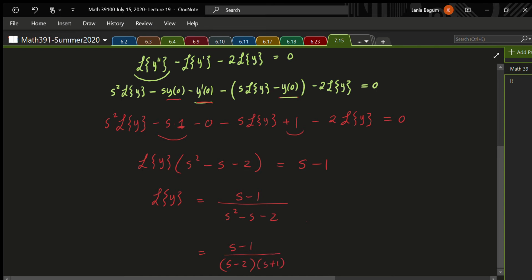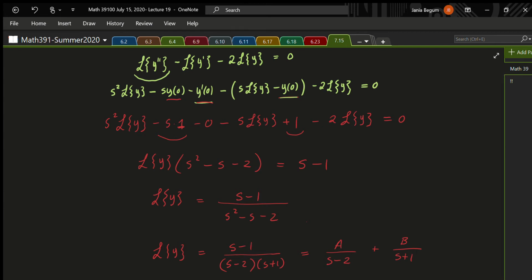So that's the Laplace transform of y. And then if you decompose this, this is just A over s minus 2 plus B over s plus 1. Do you guys remember this from calculus?